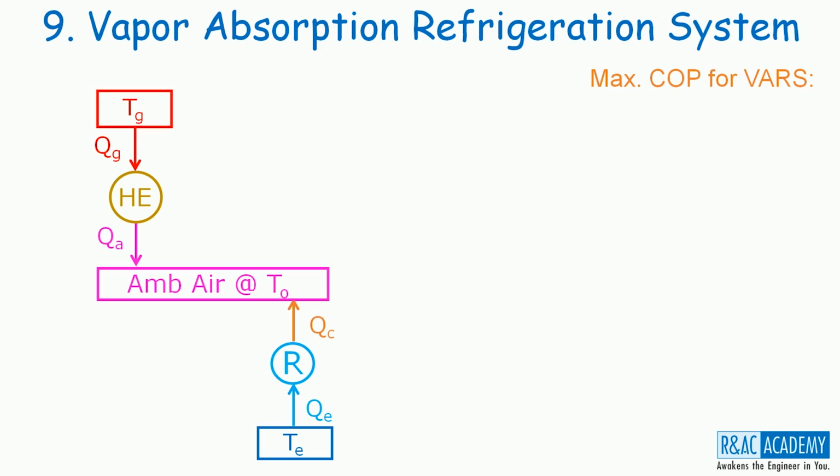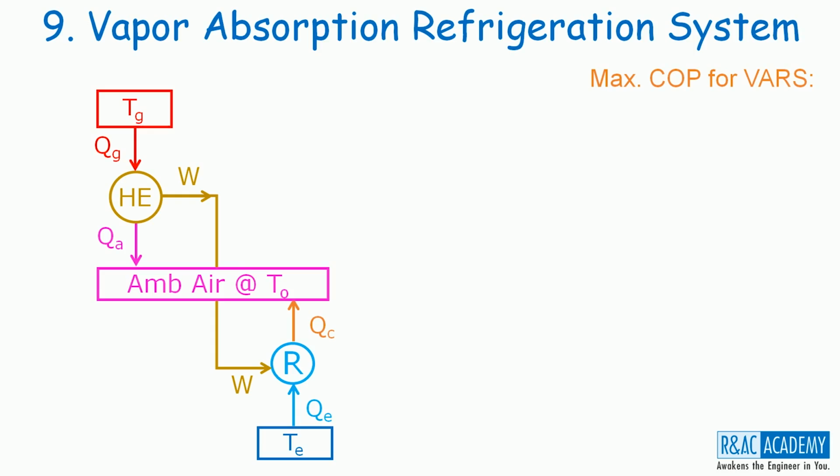In that process, heat engine produces energy W while refrigeration system consumes energy W. And if you are combining these two, then the energy produced by the heat engine is used to produce the refrigeration effect. This is how we can visualize the vapor absorption refrigeration system producing the refrigeration effect using heat energy as input.